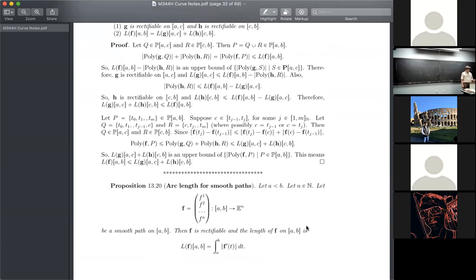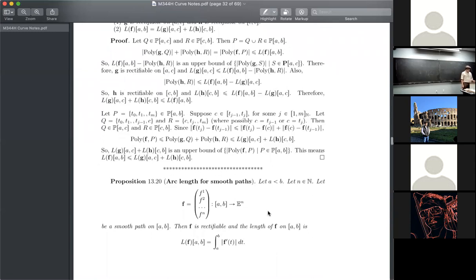Now, smooth means that the function f describing the parameterization is differentiable and the derivative is continuous.